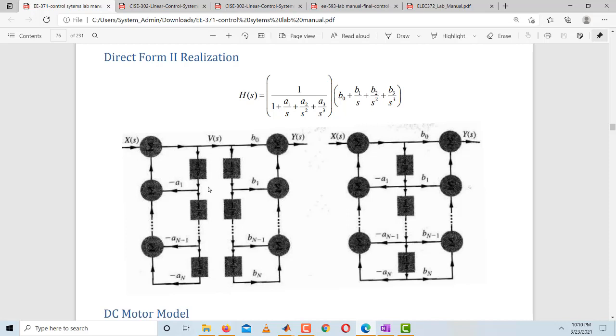What we can do is shorten the expense of the resources by using one block of delay here instead of these two, because the function is the same. So this is done here in the second part of the picture. Now the delay blocks or the integrator blocks 1 by s are reduced, but the implementation is the same. So this is called the direct form 2 realization.